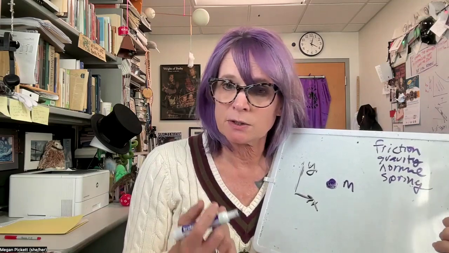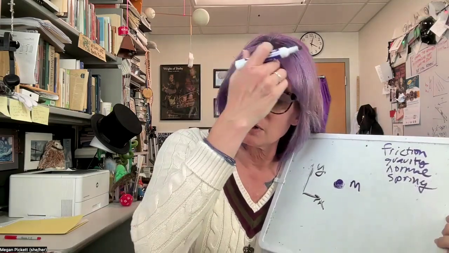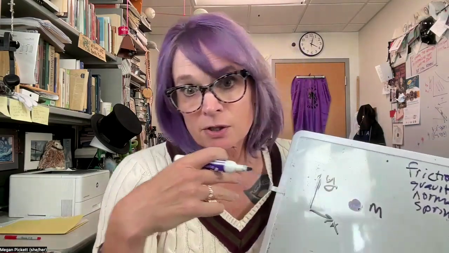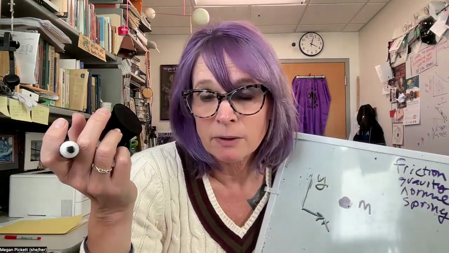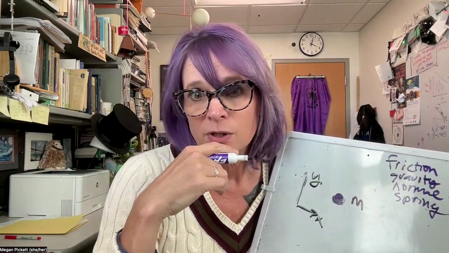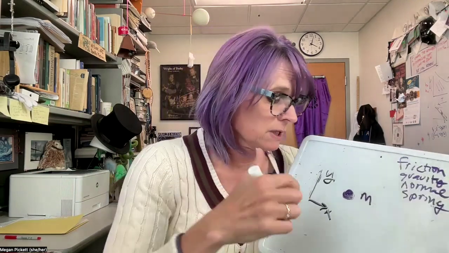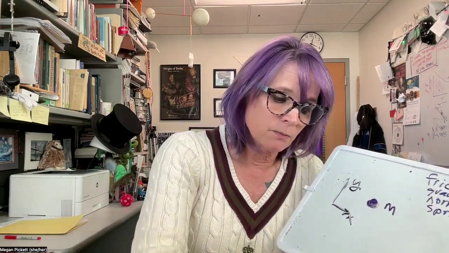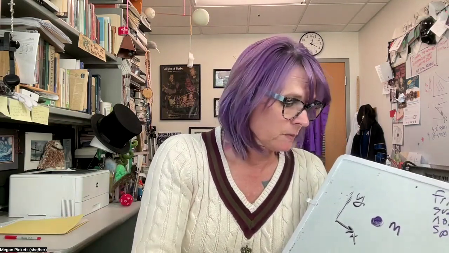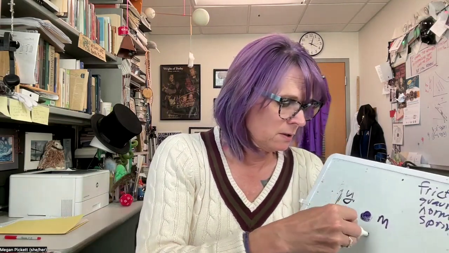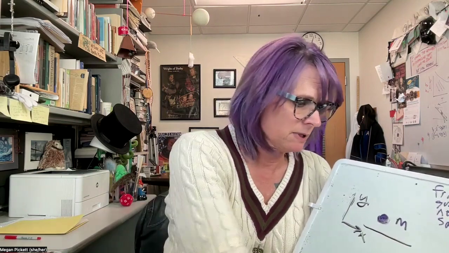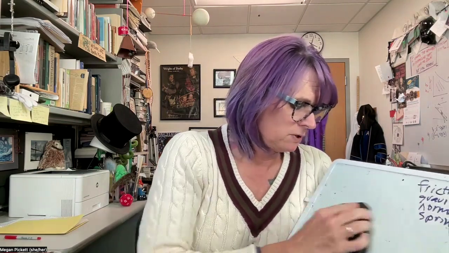Those are things that are due to the interaction, either the interaction of a long-range force like gravity, or the interaction of the contact between two surfaces. So in the case of, say, a ramp, let's erase all of this for a second. Let's make our ramp.